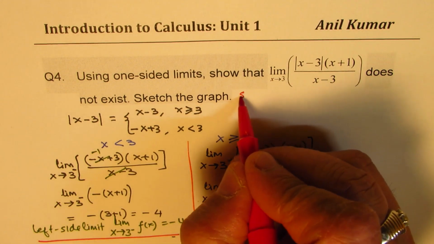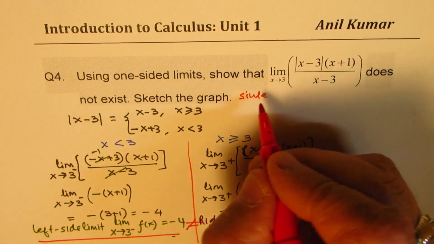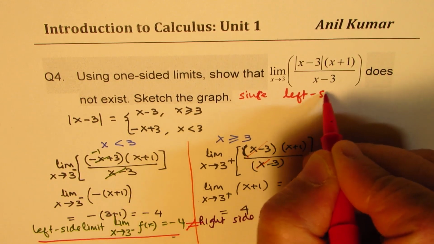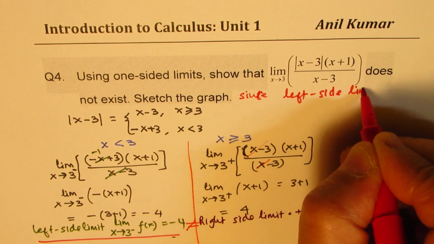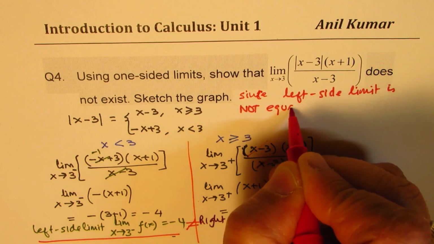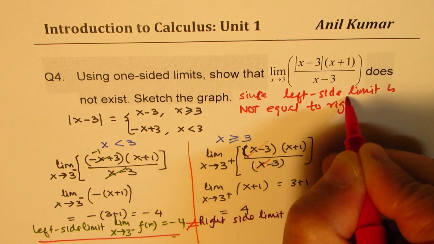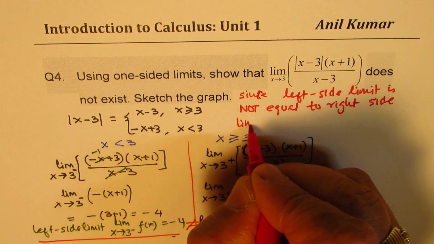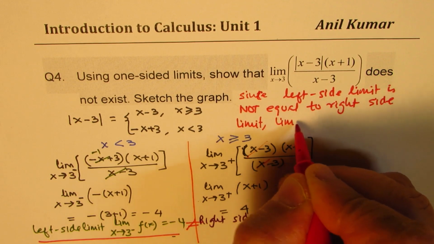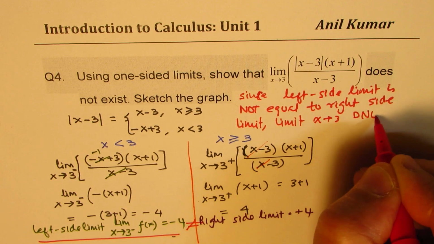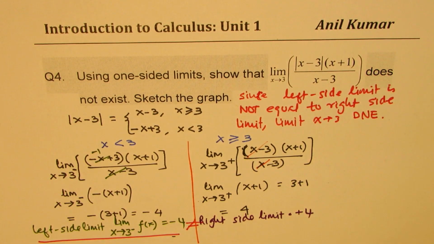So we can write here, since left side limit is not equal to right side limit, the limit as x approaches 3 does not exist. Is it clear? So that is how you're going to explain it. So we have done the major part of it.